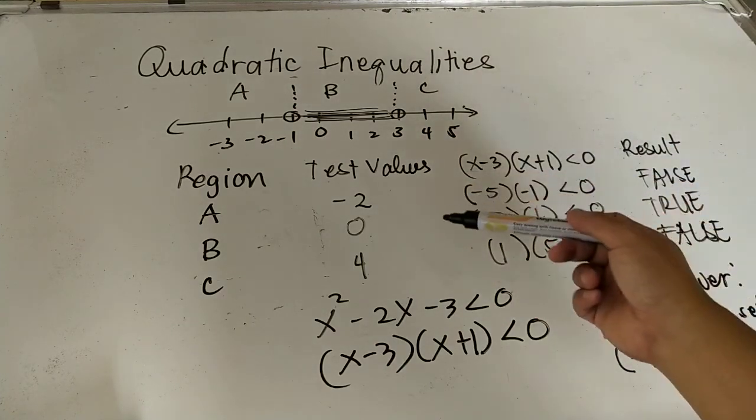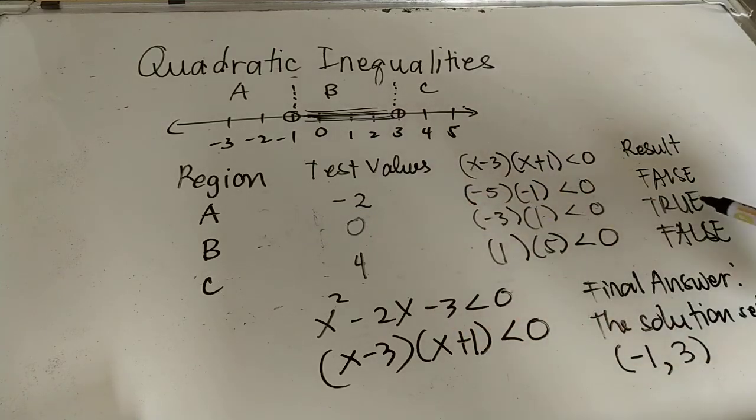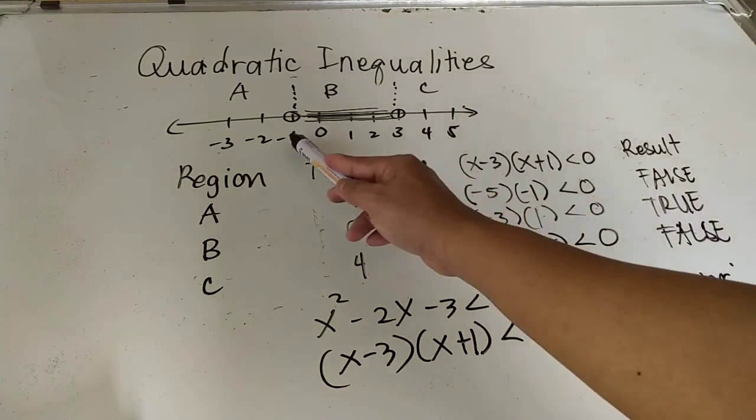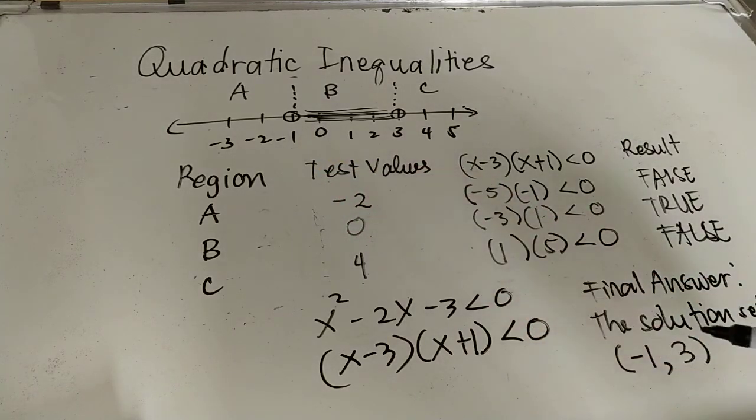Therefore, ang final answer will be, the solution set will be -1 to +3. So, ginamitan natin ng parenthesis to denote that -1 is not part of your solution, and doon naman sa kabila, ginamitan natin ng parenthesis to denote that +3 is not part of your solution. And that's it.